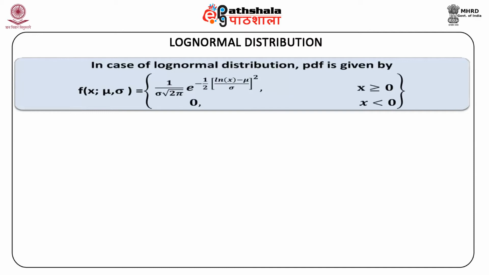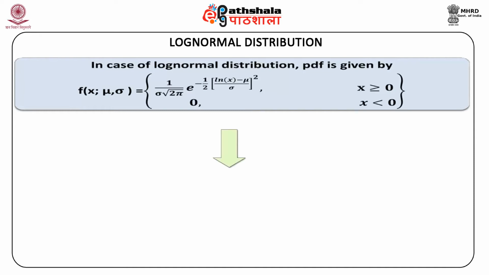The PDF of the log normal distribution is given by 1 divided by sigma x root 2 pi, e raised to the power of minus half (ln x minus mu divided by sigma) the whole squared, where x is greater than or equal to 0, and 0 otherwise, where mu and sigma squared are the mean and variance of ln x, and e and pi have the same meaning as in the normal distribution PDF given above.